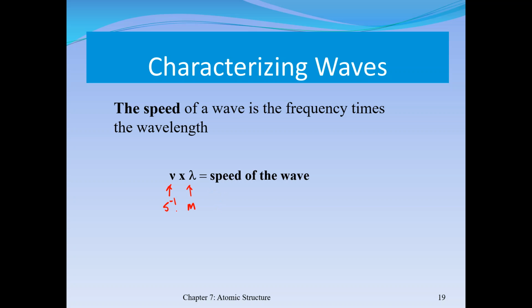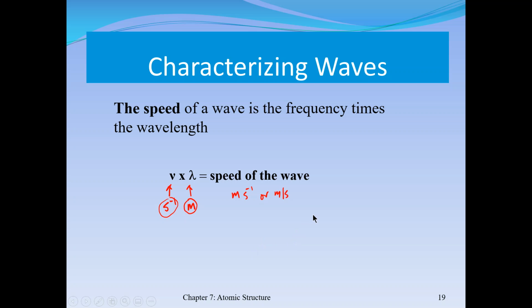So if the unit of frequency is seconds to the -1, and the unit of wavelength is meters, then the unit of speed of the wave would be meters seconds to the -1, or meters per second. So that's the relationship between the frequency, the wavelength, and the speed of the wave.